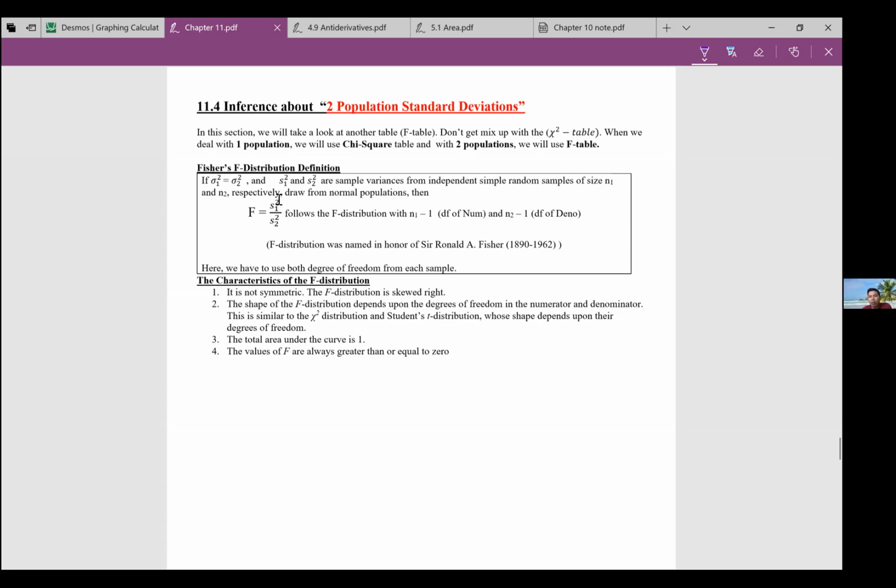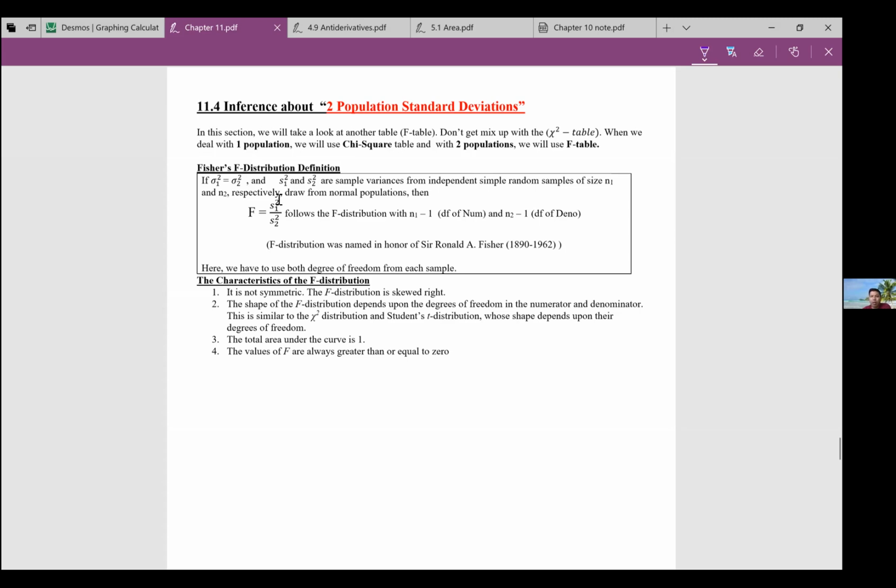Very important, we don't go from negative infinity, but start from 0 to positive infinity, because similar to the chi-square, it only takes positive answers, and it is skewed to the right.